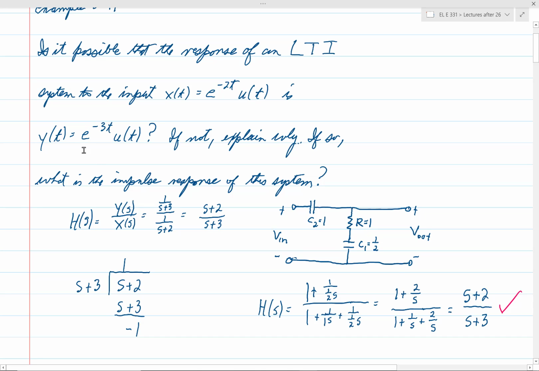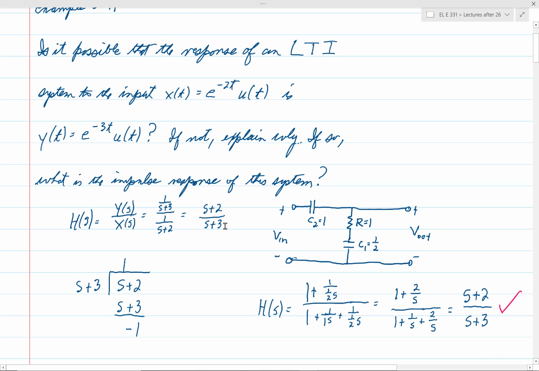If y of t is e to the minus 3t u of t, then Y of s is 1 over s plus 3. And if x of t is e to the minus 2t u of t, then X of s is 1 over s plus 2. And so this would give us a transfer function of s plus 2 over s plus 3.